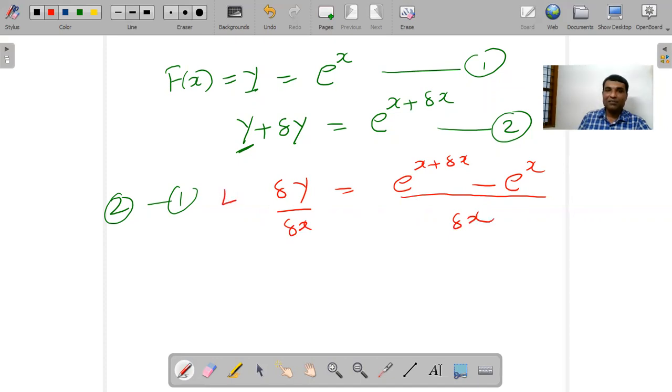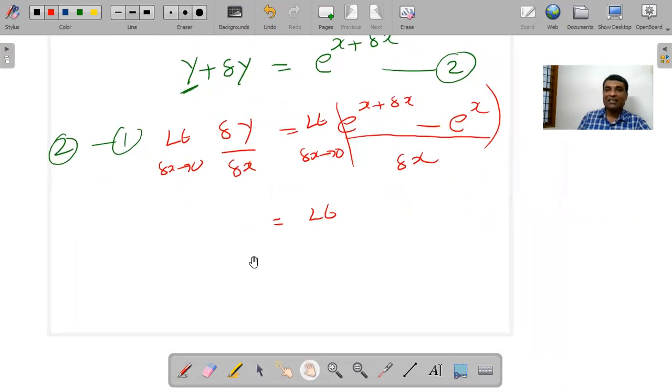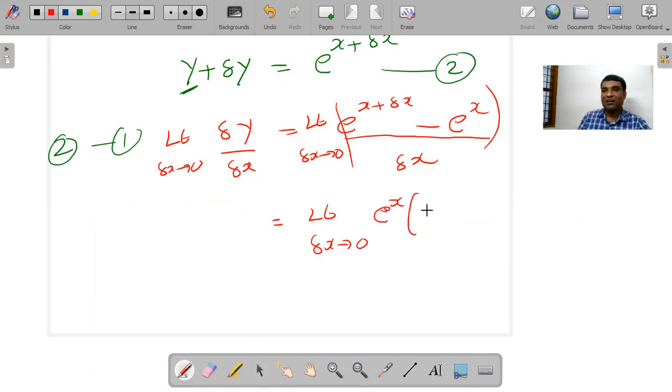Now apply the limit, delta x tends to 0. Here also apply the limit delta x tends to 0. So this is equal to limit delta x tends to 0. We can take e raised to x common. So e raised to x multiplied by e raised to delta x minus 1 divided by delta x.